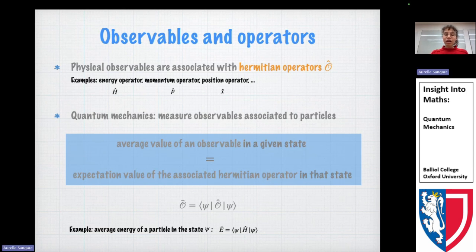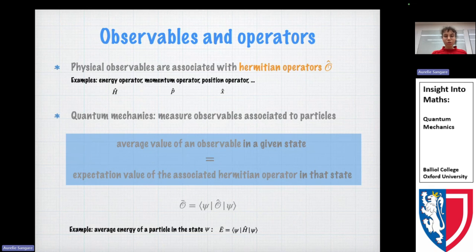And that is the equality. That is what it says, that the average value of an observable in a given state is the expectation value of the associated Hermitian operator in that state. So if you want to compute the average of some physical observable O, then that is O bar.